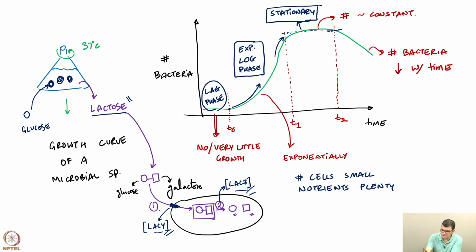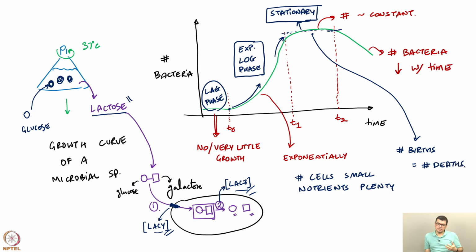And in the stationary phase of growth, what happens here is that the number of births is exactly balanced by the number of deaths taking place. So, what is happening in stationary phase is not as if there were n individuals and they stay the same throughout, but some bacteria die.